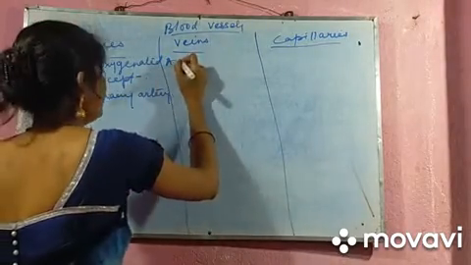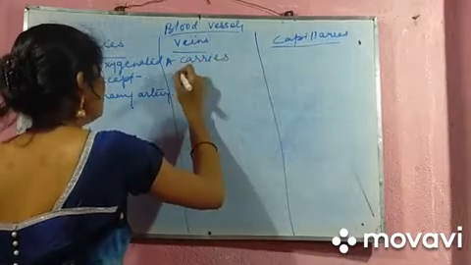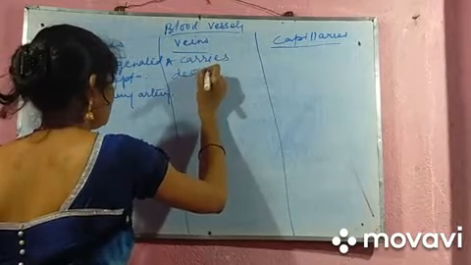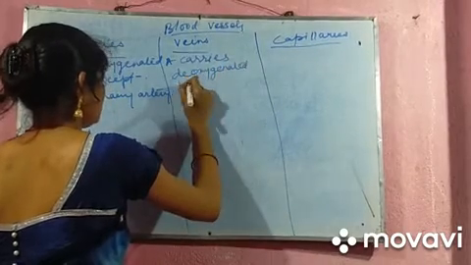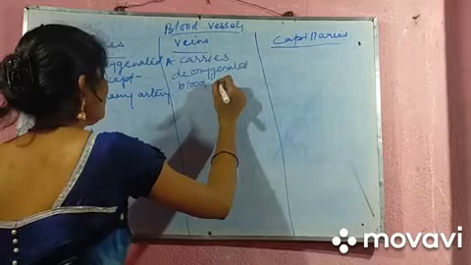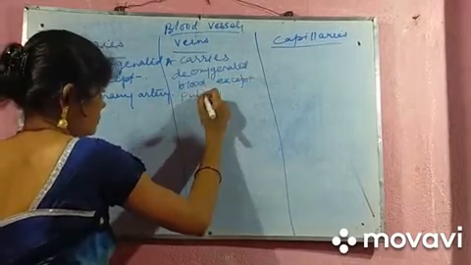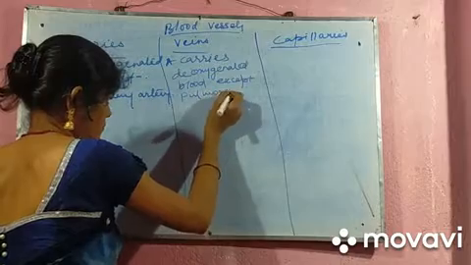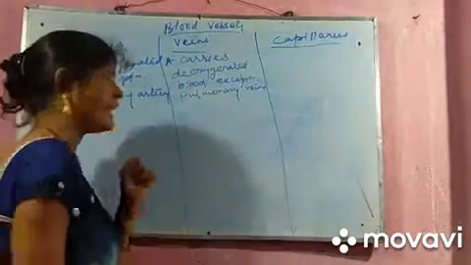Veins carry deoxygenated blood, except the pulmonary veins. Capillaries carry both.